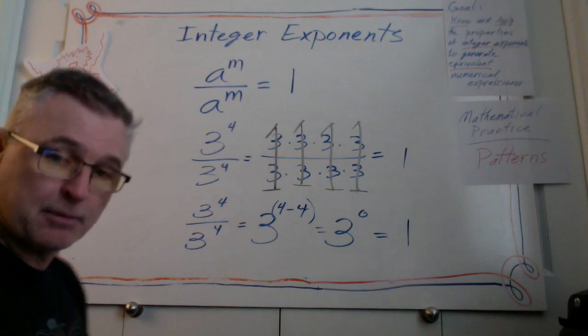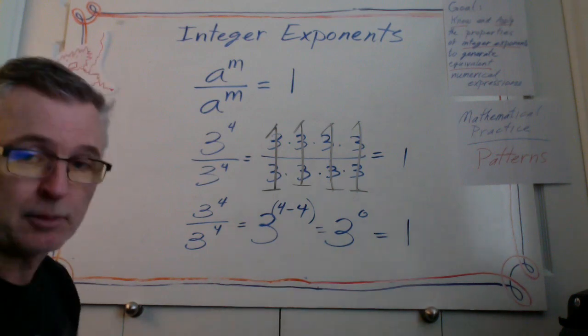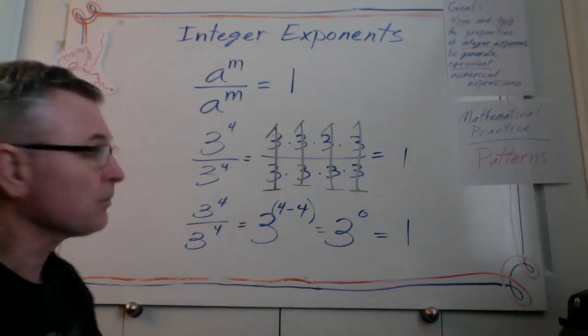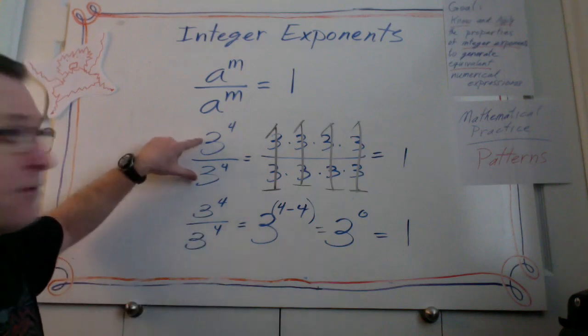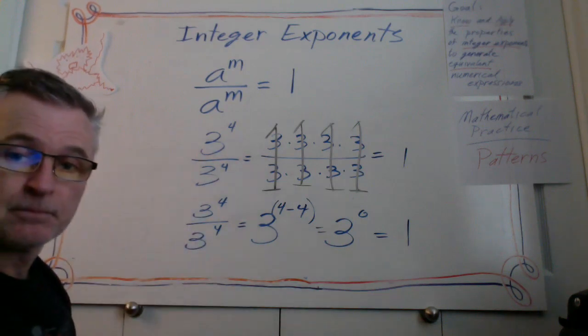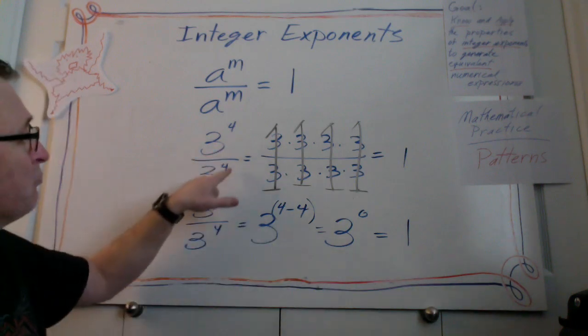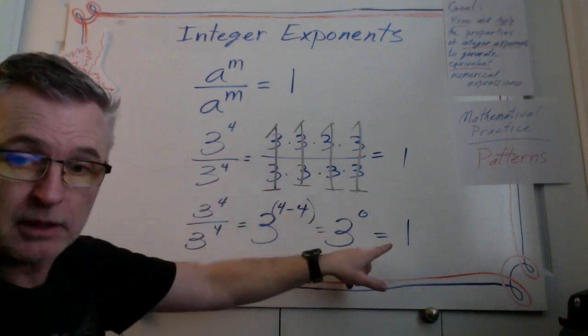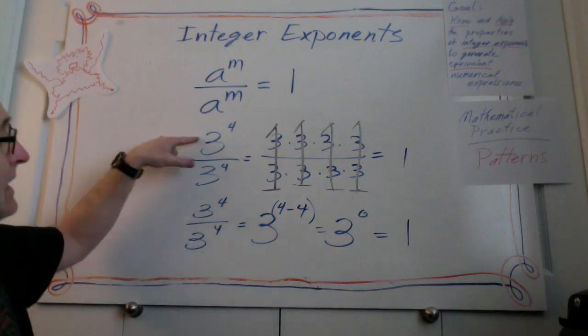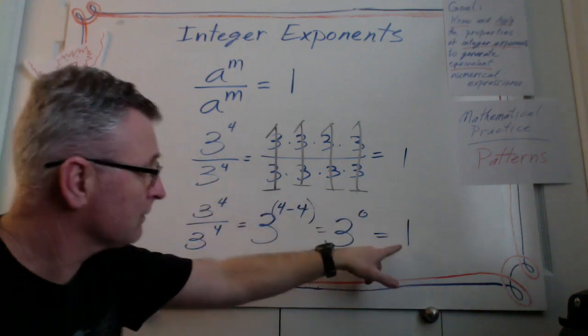Now, if you think about it, and just dwell upon this for a moment, what if I had a 5 here instead of 3's? It would end up being 1. If I had pi and pi, it would end up being 1. If I had a 10 and a 10, it would end up being 1.